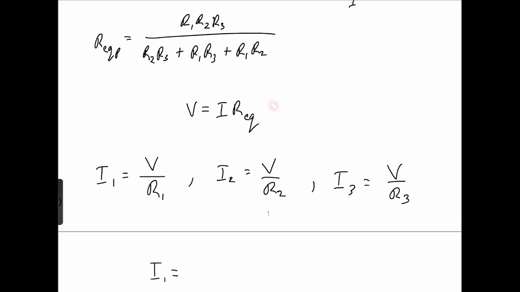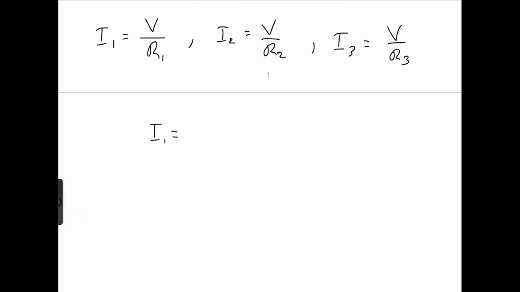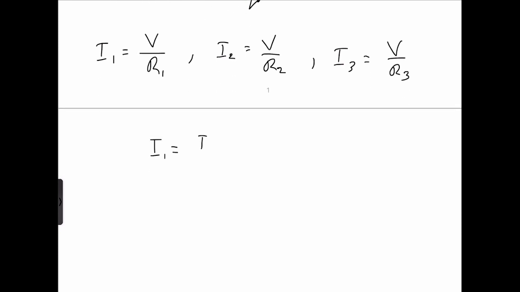Here we have the expression for V. We're going to call that R equivalent P. So that means I times R equivalent P, divided by R1.